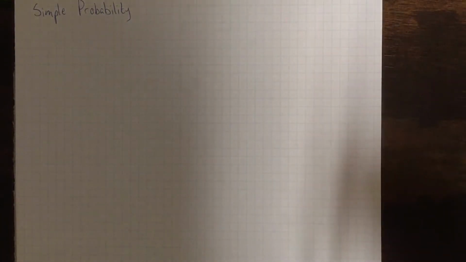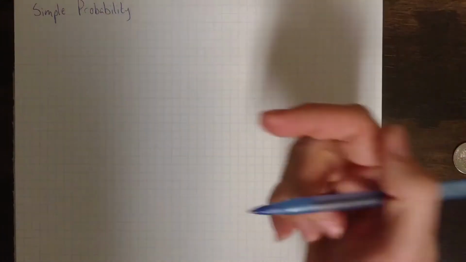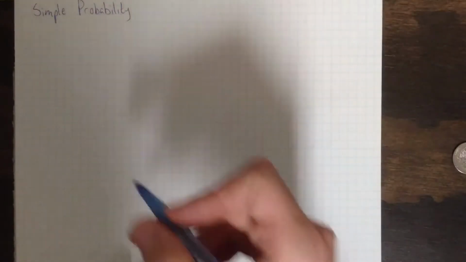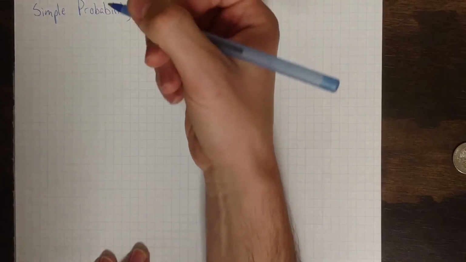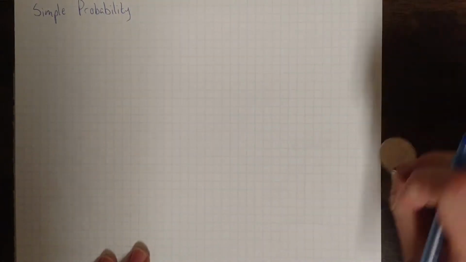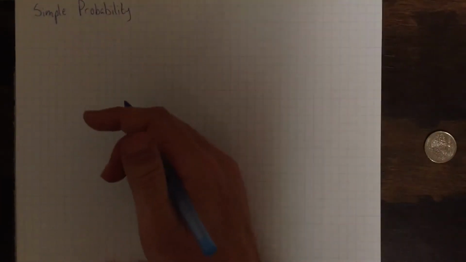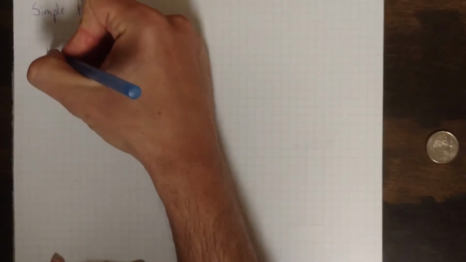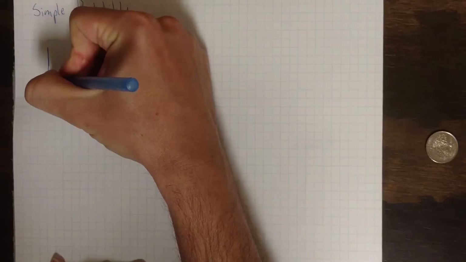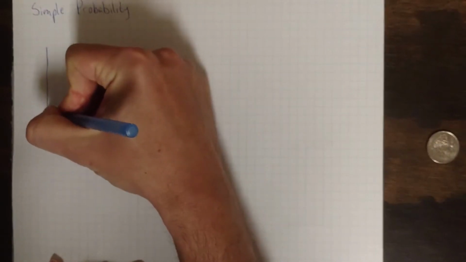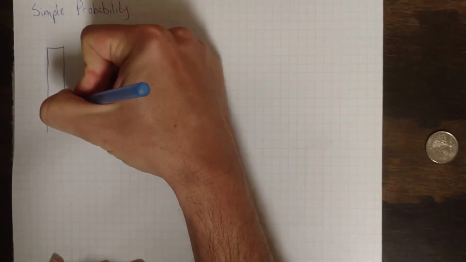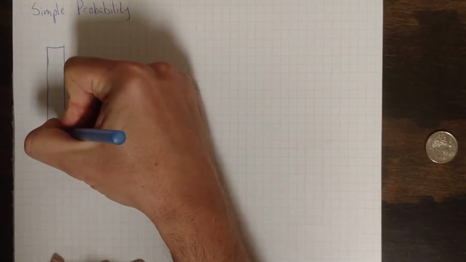A lot of times I ask students, what's the probability of flipping a coin? And they'll say something like, oh, that's 50-50. What do they mean when they say that? Well, what they mean is that you have a 50% chance of getting heads or a 50% chance of getting tails. And so as we go into this probability unit and talk about simple probability, I want you to think about a unit bar. And the reason we're going to use a unit bar here is because probability is always a number between 0 and 1.